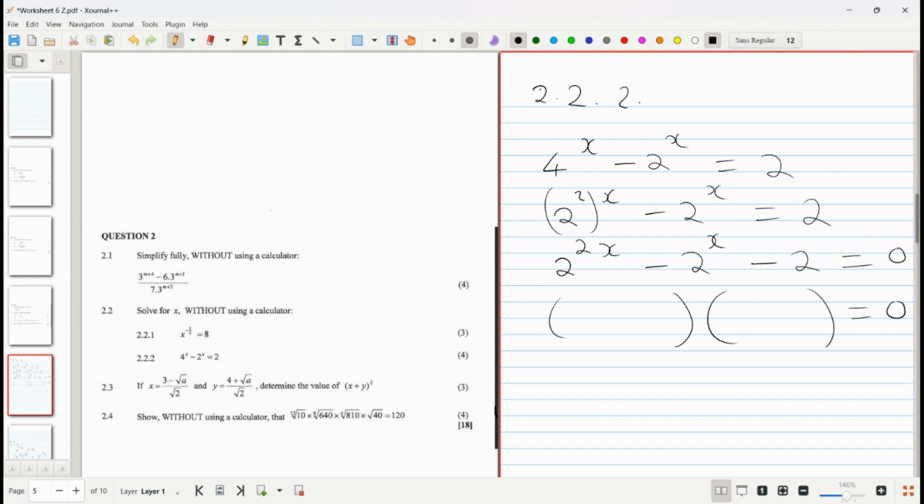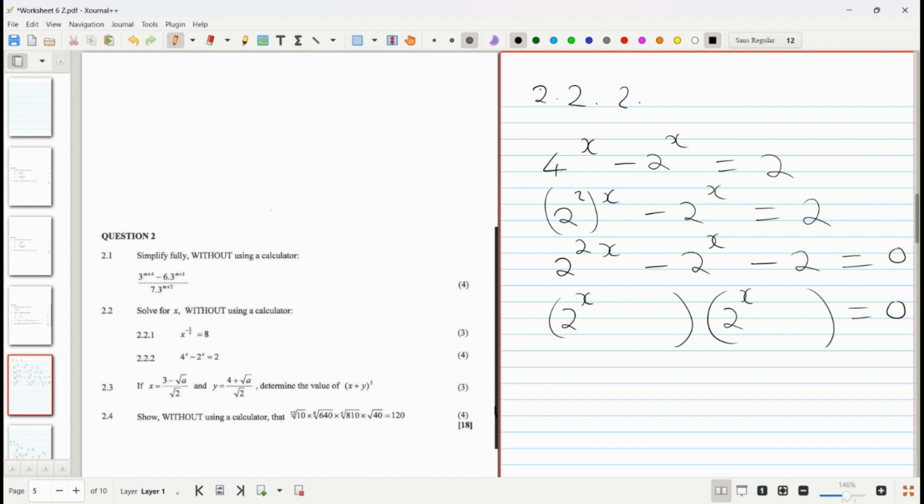You know the factors for 2 to the power 2x. What are the factors of 2 to the power 2x? We know we have 2 to the power x, right? And 2 to the power x. These are the factors of 2 to the power 2x. And then we have the factors of what? Of negative 2, right?